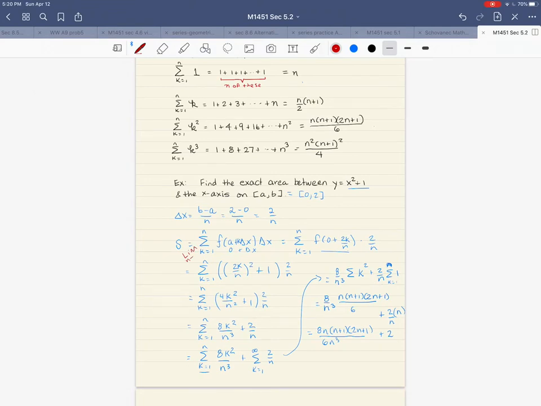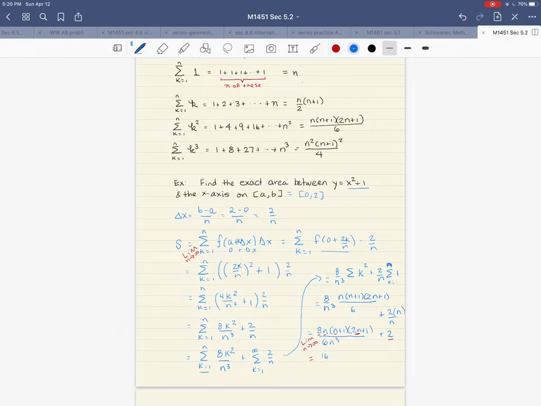Now the next thing we have to do is take the limit as n goes to infinity. That makes the delta x's real small. As n goes to infinity, this 2 stays at a 2. And for the expression in the parentheses here, I'm going to have an n times a 2n times an 8. So I'm going to have a 16n cubed over 6n cubed.